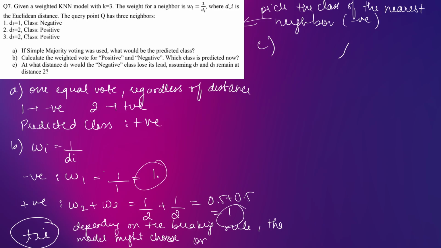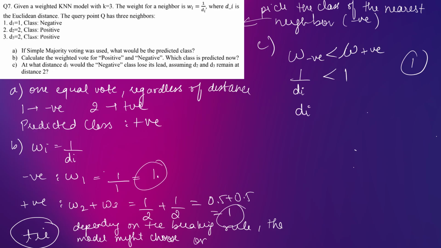Now, if we want to find out at what distance the negative class loses its lead, this will happen when the weight of negative becomes less than the weight of your positive class. We know that the total weight for positive is 1. So we'll write 1 upon d of i, less than 1.